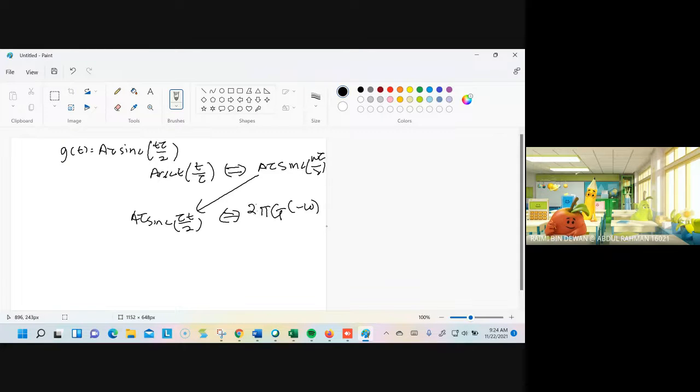Now you just do accordingly. Because this one is rectangular, you will get sinc. Now sinc in time domain, you get rectangular. It's the reverse, like this.